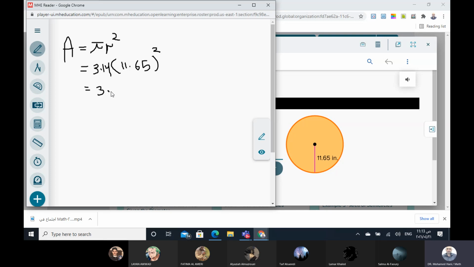So equals 3.14 times 11.65 times 11.65. So 11.65 squared means 11.65 times 11.65. Calculate now. 3.14 times 11.65 times 11.65.